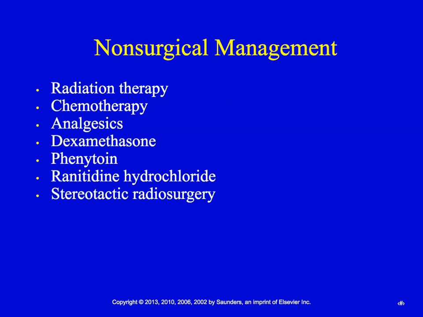Treatment for a brain tumor is similar to tumors that we've talked about in other places in the body. There's chemo and radiation. It completely depends on what kind of tumor it is, how aggressive it is, where it is, and if they can do surgery or not.